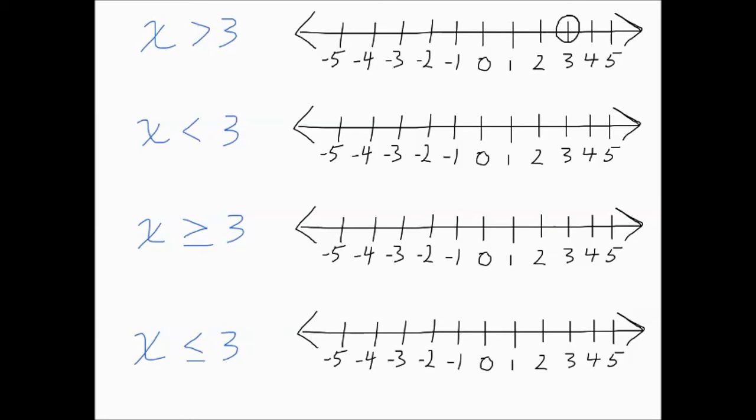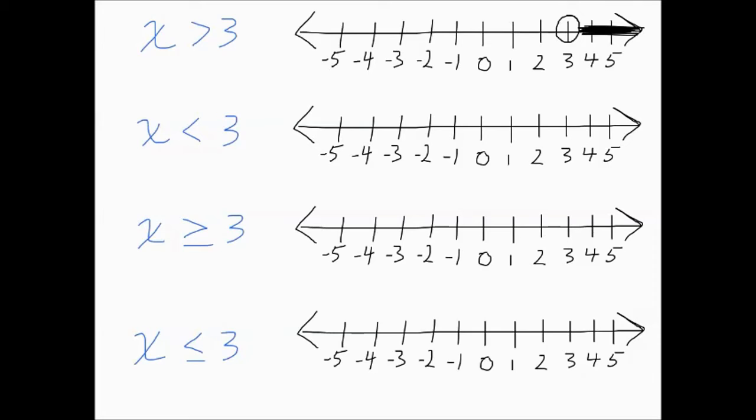But we know that x is strictly greater than 3. It can be any number bigger than 3. It could even be 3.0001, but it cannot be exactly equal to 3. So we're going to draw an open circle over 3 and then shade everything to the right of that circle.